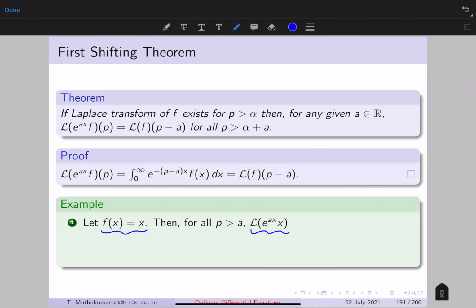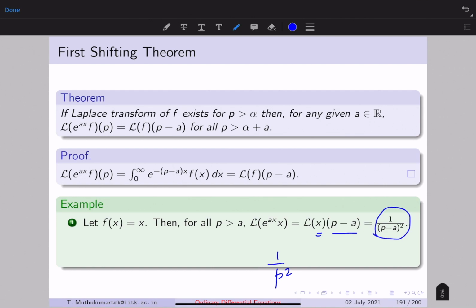By this result you know that it is the Laplace transform of x at p minus a, but the Laplace transform of x is something which you already computed to be 1 over p square. So now it's p minus a, so it's 1 over (p minus a) square.